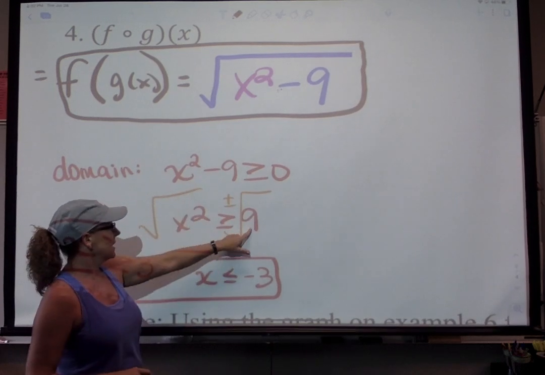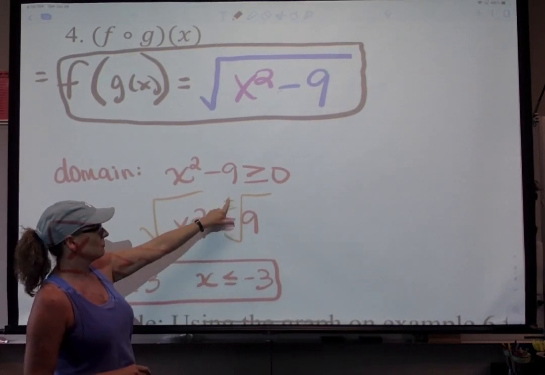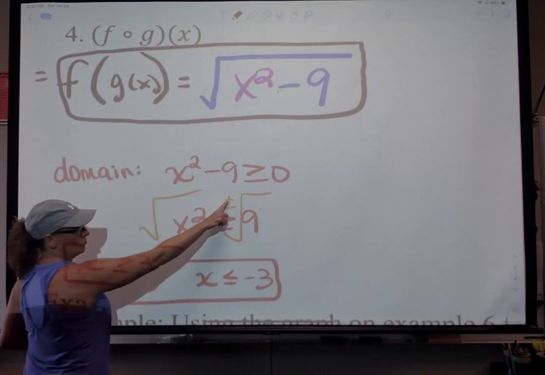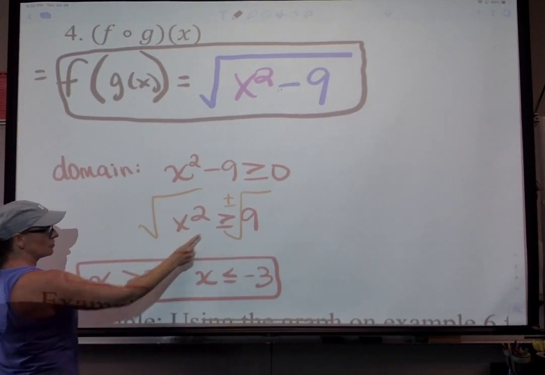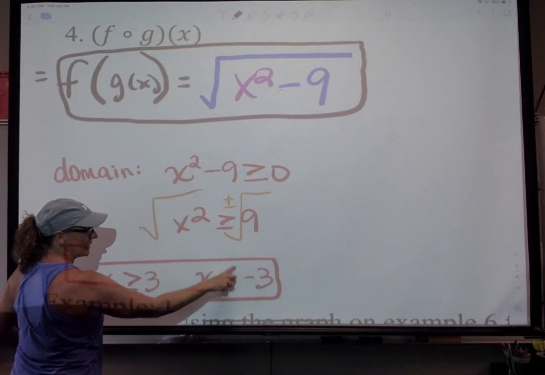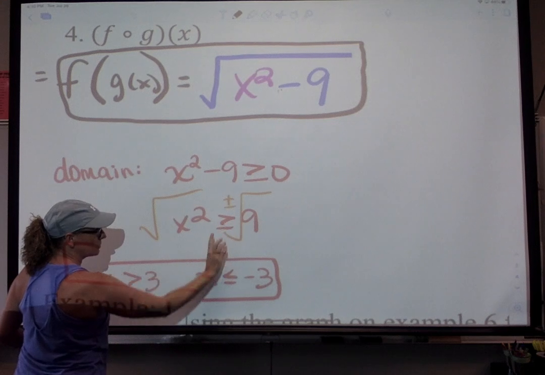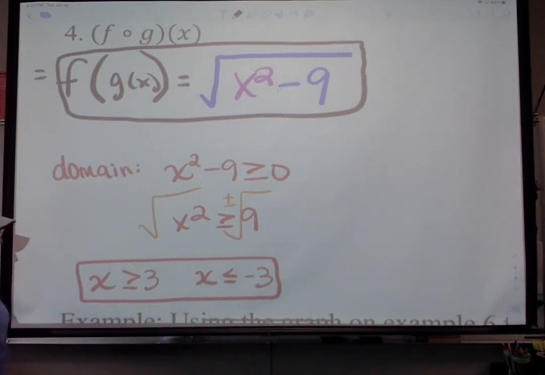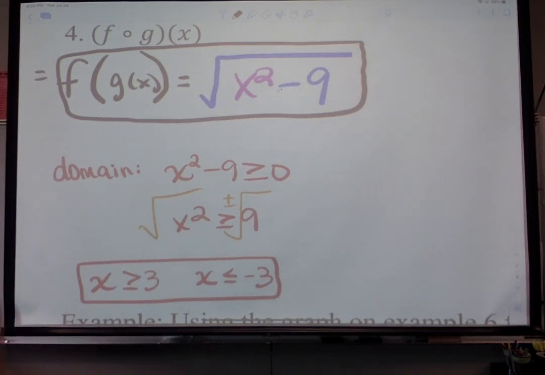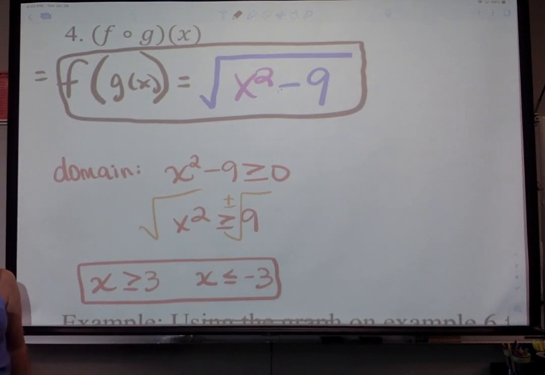Okay? Move the 9 over, square root both sides. Don't forget positive, negative. Now, this is what was tricky. When you use the positive root, your symbol stays the same. When you use the negative root, that's when your symbol flips around. I did not write this in interval notation. It didn't say that I had to, so I didn't.